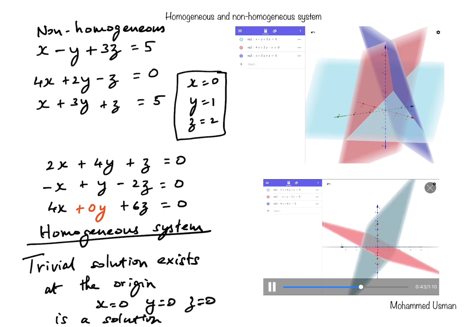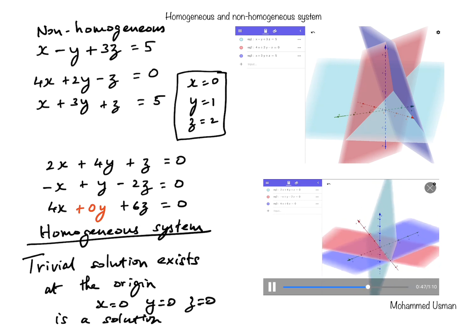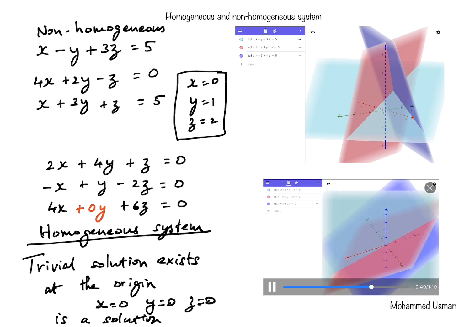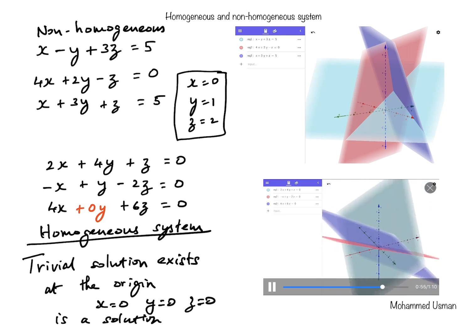Now what we are going to do today is try to solve these systems of equations, whether non-homogeneous or homogeneous, by our next method of finding the solution, which is called Cramer's rule.